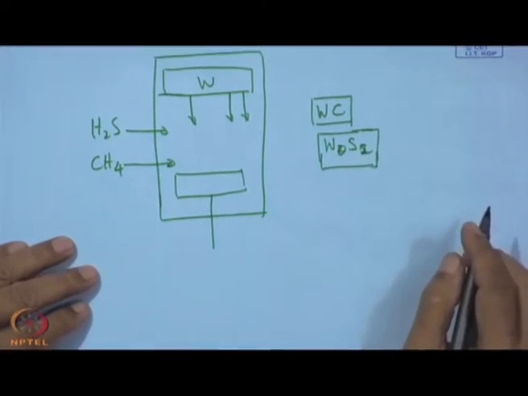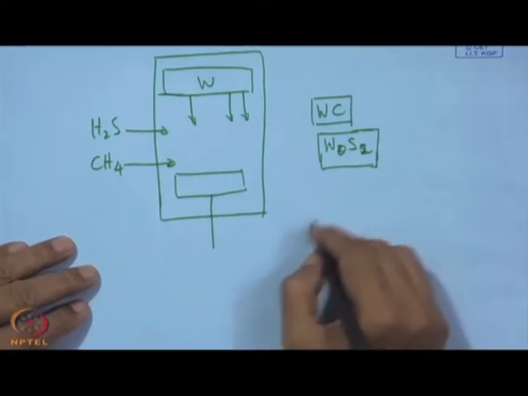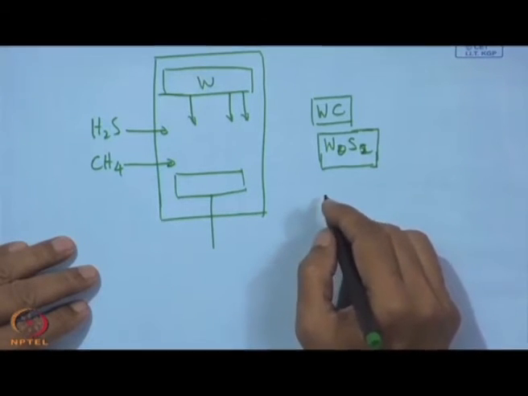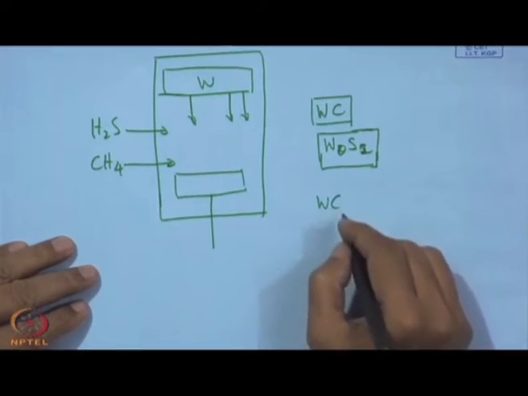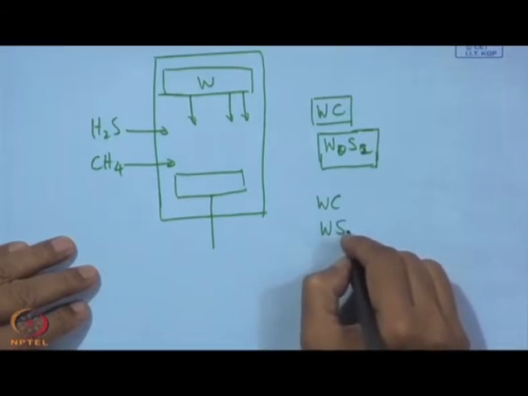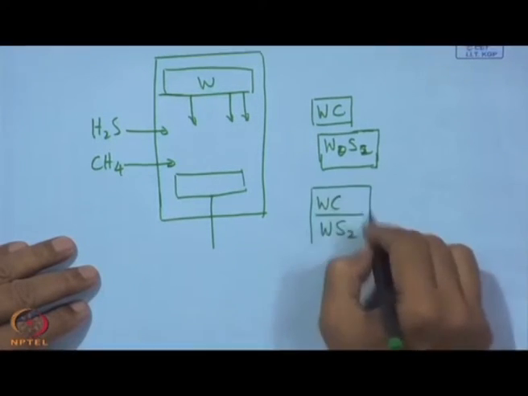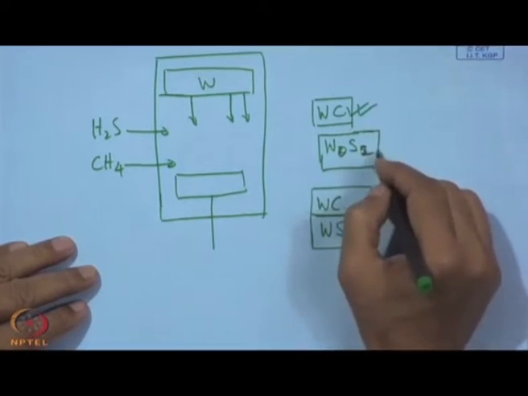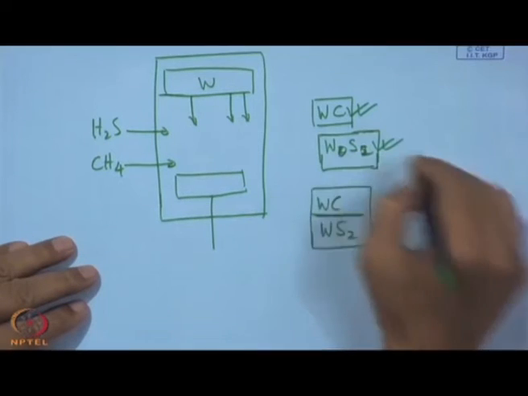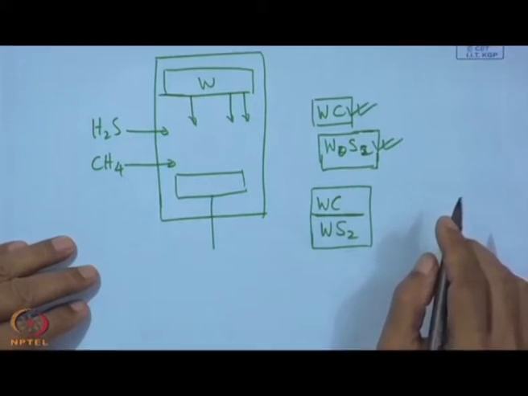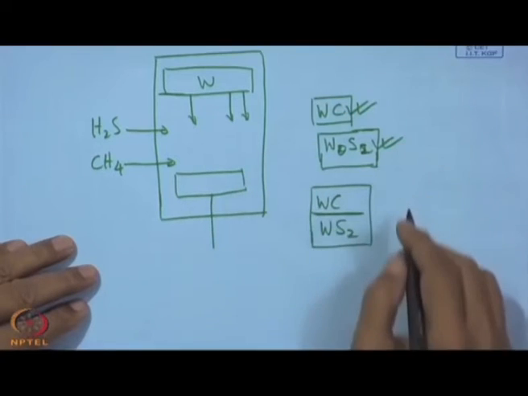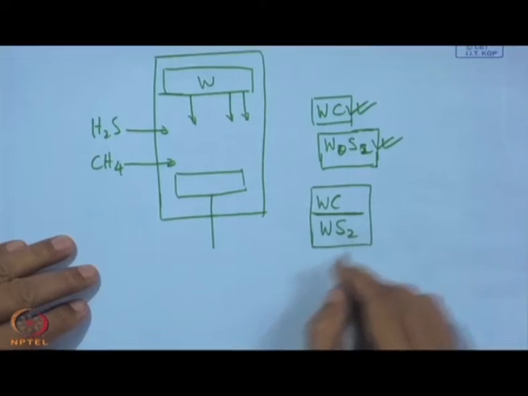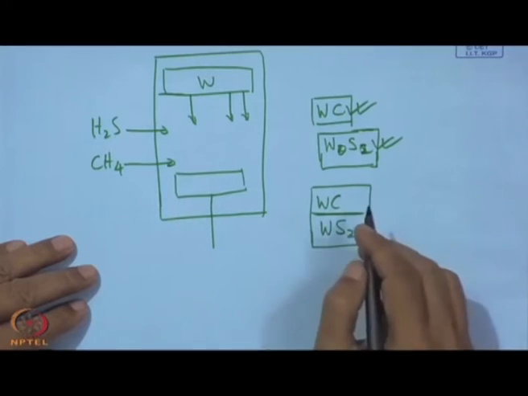So it can be done this way, that in a matrix of carbon we can have nanoparticles of tungsten carbide and tungsten disulfide, and that can give the required hardness from tungsten carbide and the super lubricious property from tungsten disulfide, well distributed as fine particles in a matrix of carbon which is amorphous.